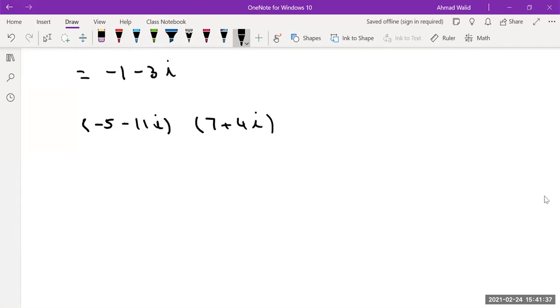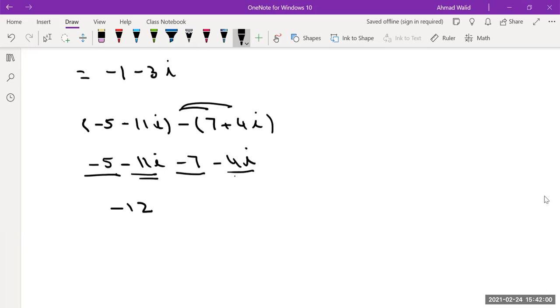I want to use a negative here also. Okay, keep your first parentheses. Negative 5 minus 11i. Distribute the negative here. Minus 7 minus 4i. Now combine like terms. Negative 5, negative 7 gives you negative 12. Negative 11i, negative 4i gives you negative 15i. Final answer. Very easy. Correct?